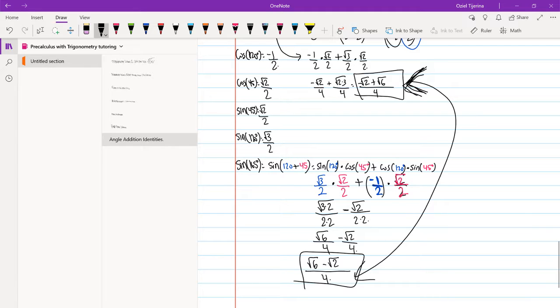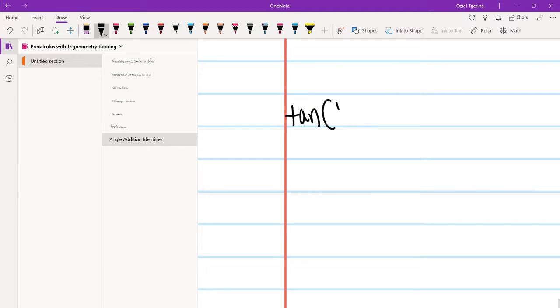Then we're going to do tangent of 165. So that's going to be the tangent of 120 plus 45.